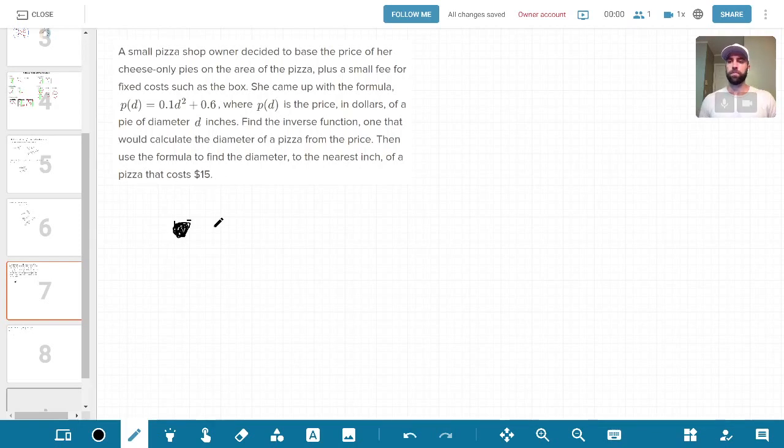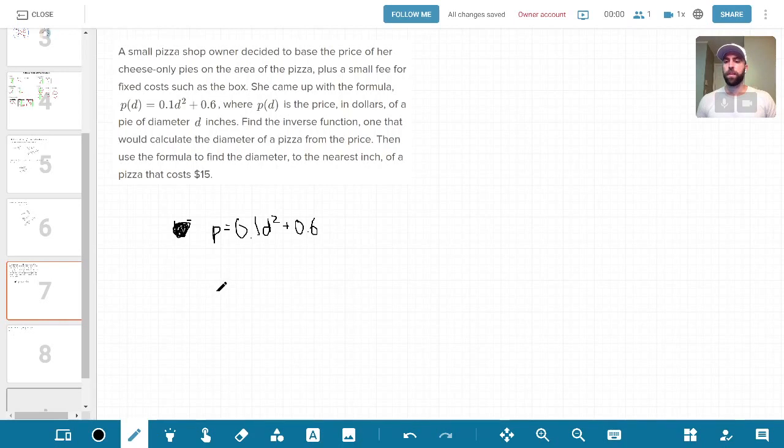So I'm just going to represent this with P equals 0.1 d squared plus 0.6. And we're essentially solving for d and using that as a function. It would be d as a function of p.